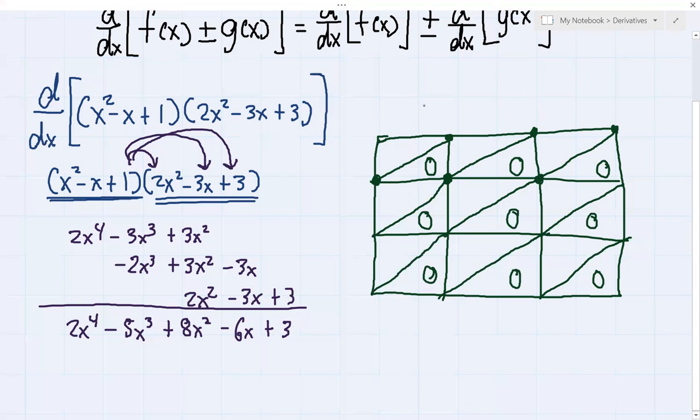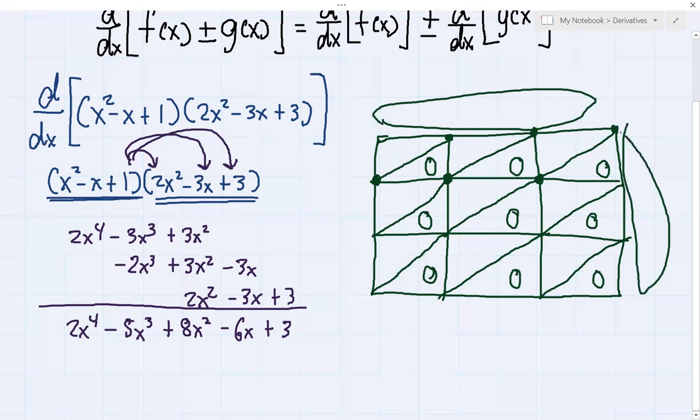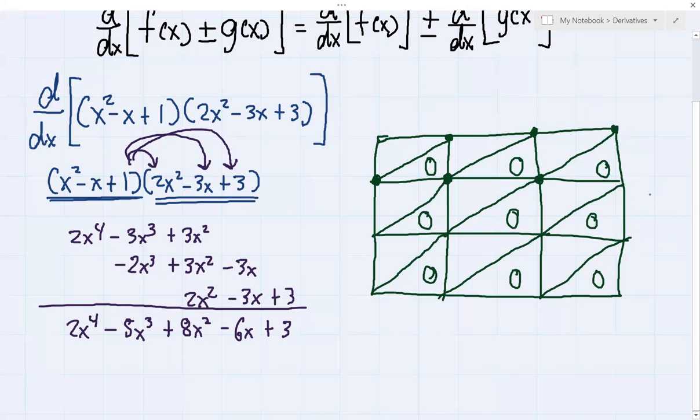Actually, no. Not yet. First things first, choose which trinomial goes on top and which goes on the side.